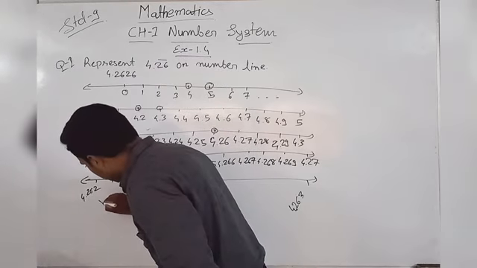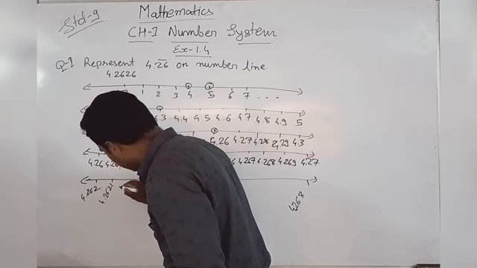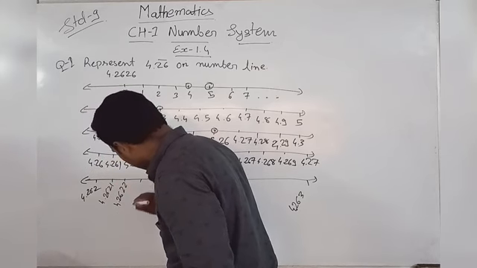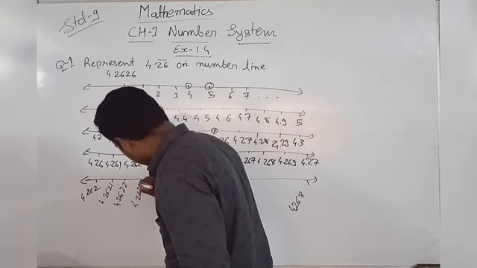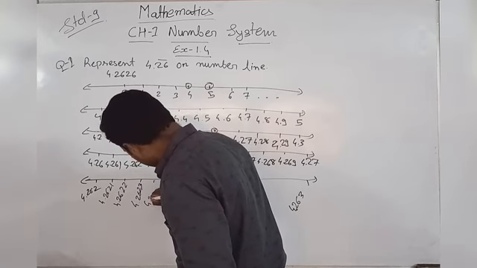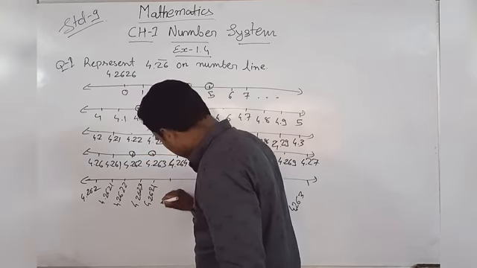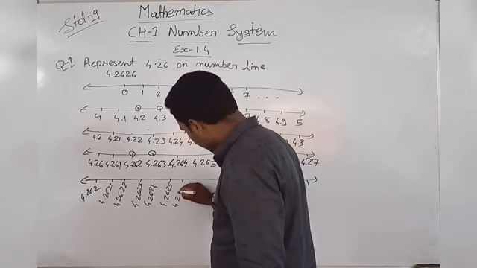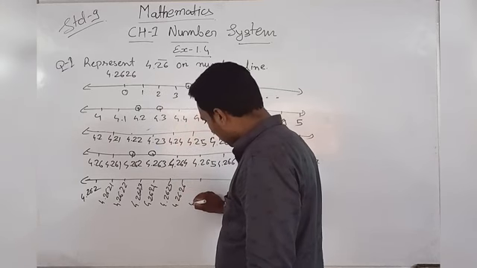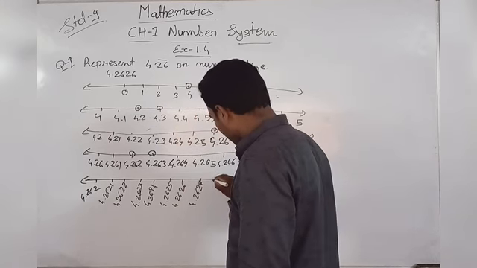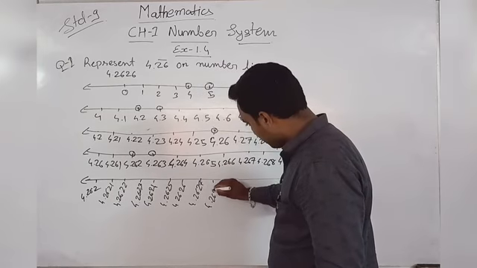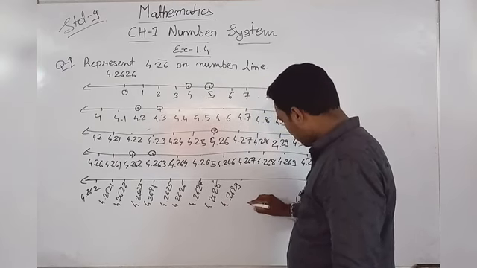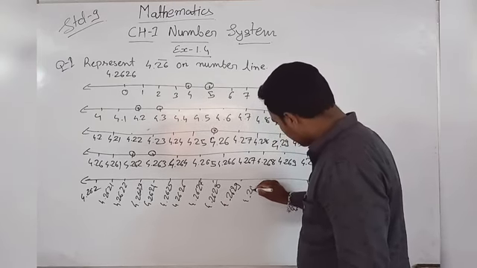Then next 4.2621, 4.2622, 4.2623, 4.2624, 4.2625, 4.2626, 4.2627, 4.2628, 4.2629, and in the last 4.263.